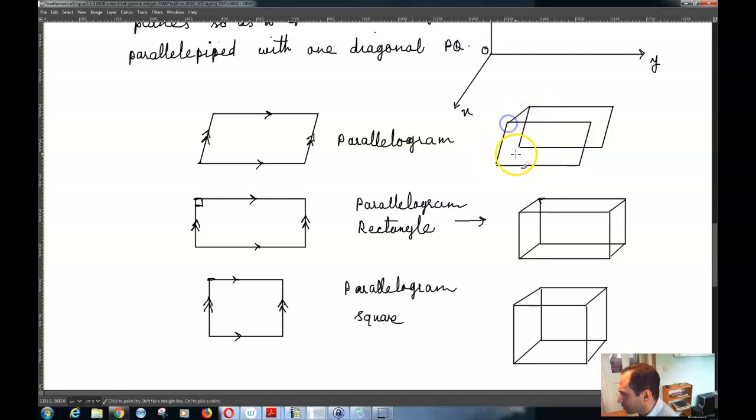So then if you connect these points together, you will get a parallelepiped. So that is a parallelepiped.